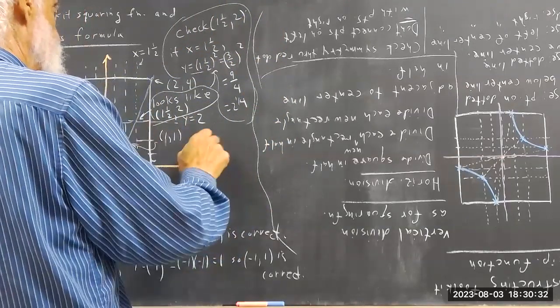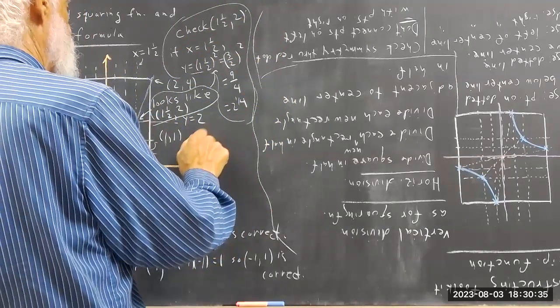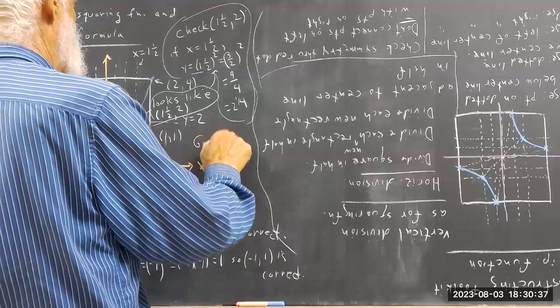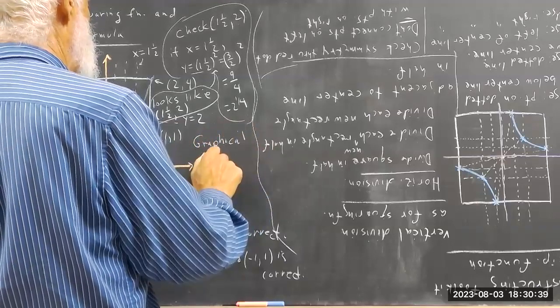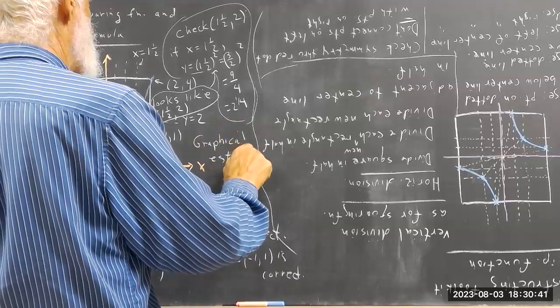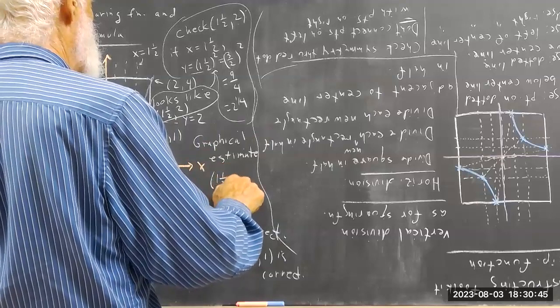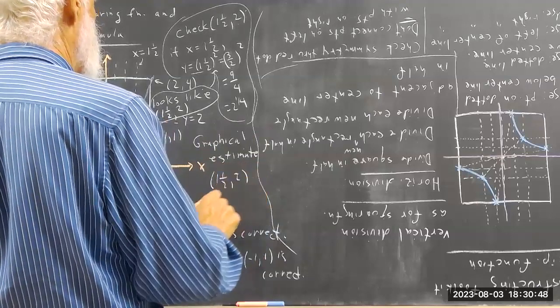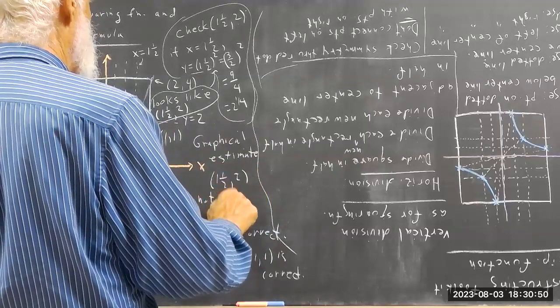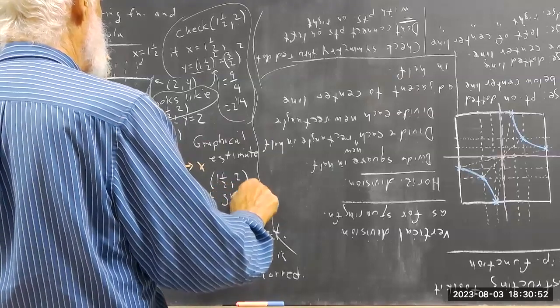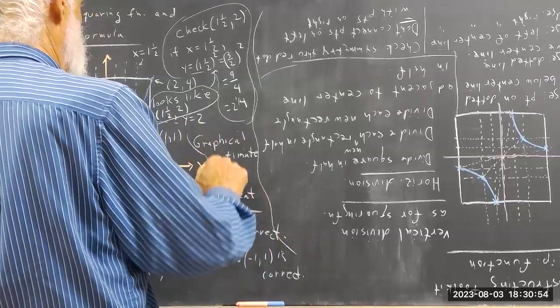So the graphical estimate 1.5, 2, is not right.